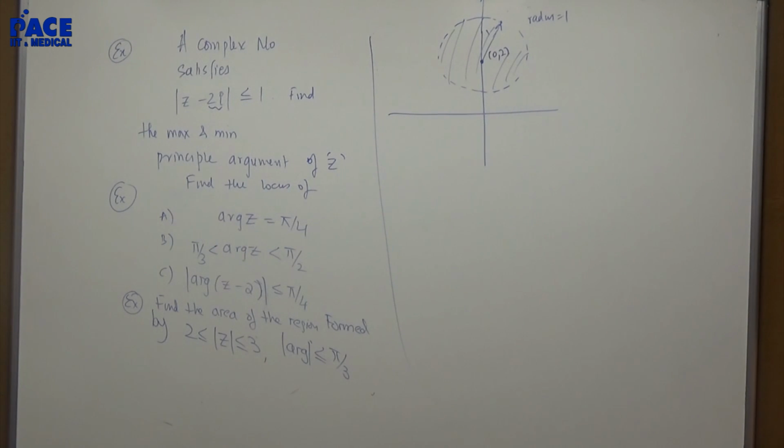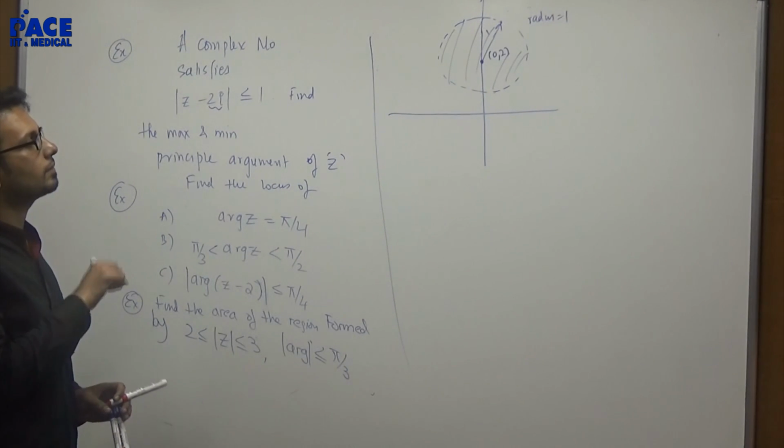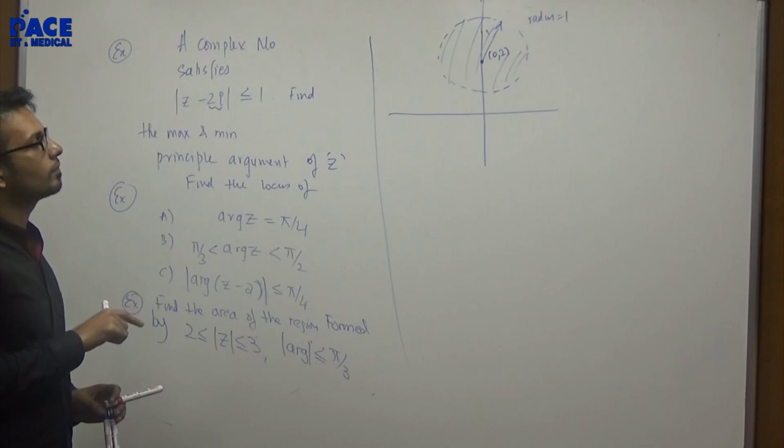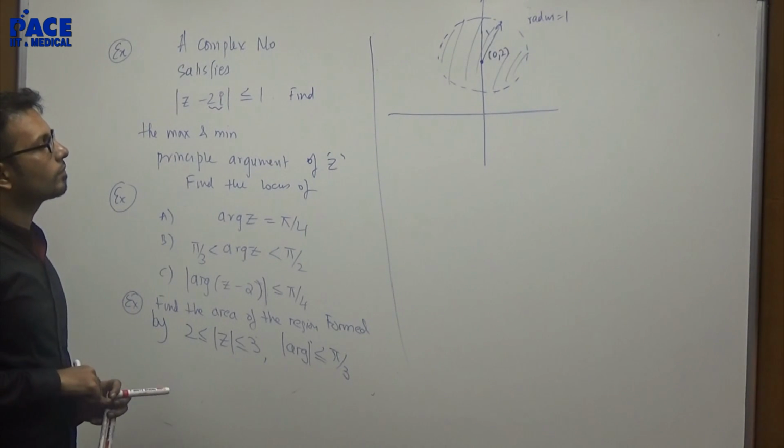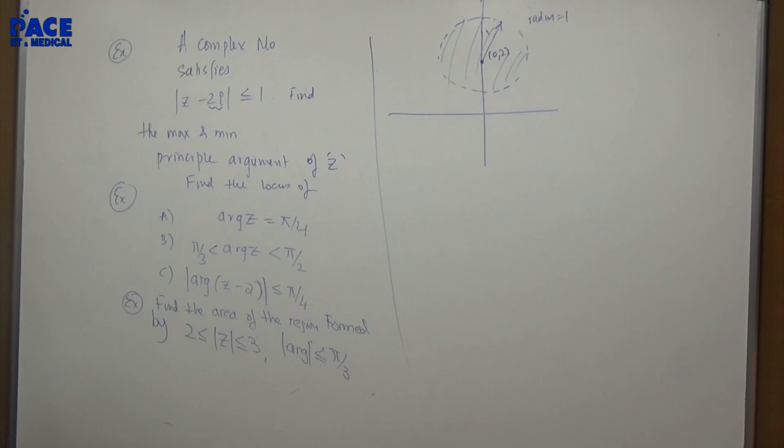सर मिनिमम 0 नहीं है. कितने लोगों को समझ में आ रहा है? मिनिमम 0. Sir, minimum is pi by 3. I think so. It's pi by 3 or pi by 6. I'm not sure exactly. हाँ, pi by 3. Correct.